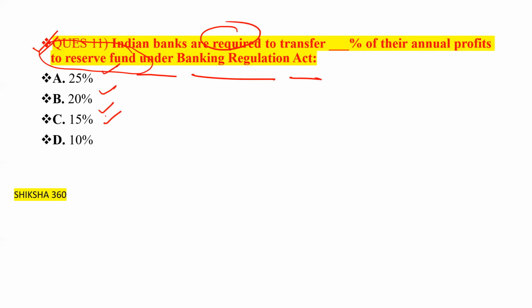The correct answer is option B: they have to transfer 20% of their annual profits to the reserve fund under the Banking Regulation Act.